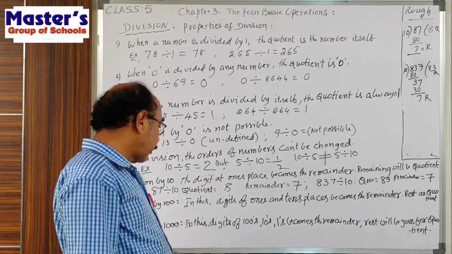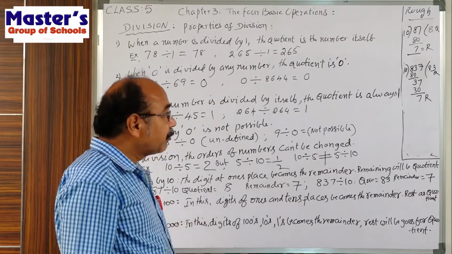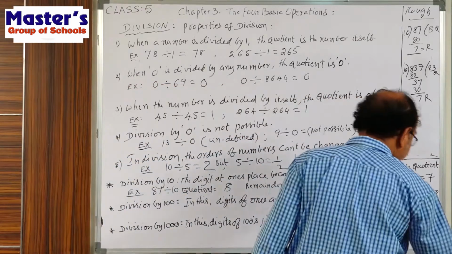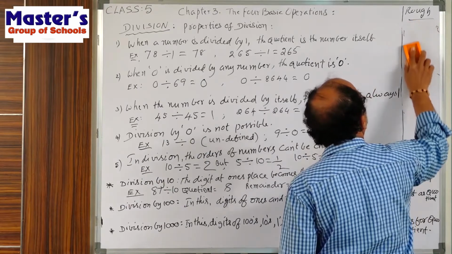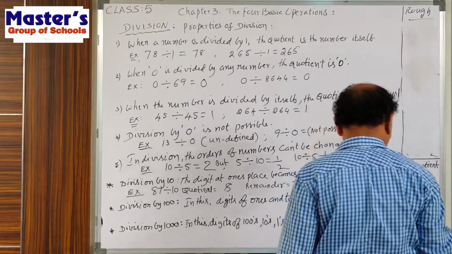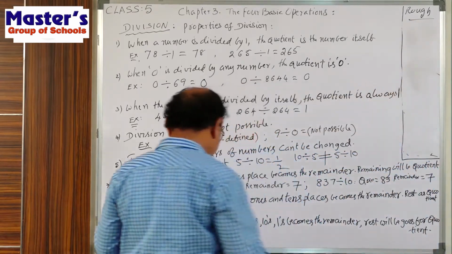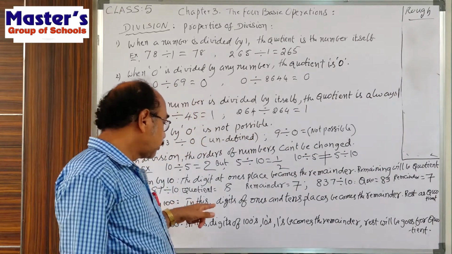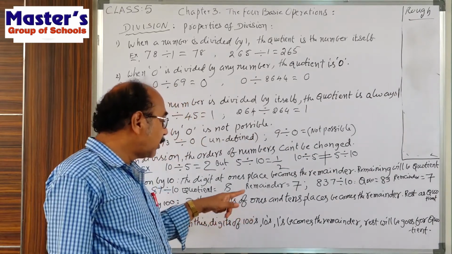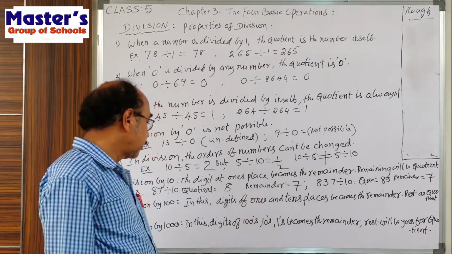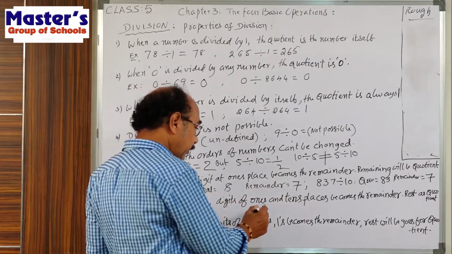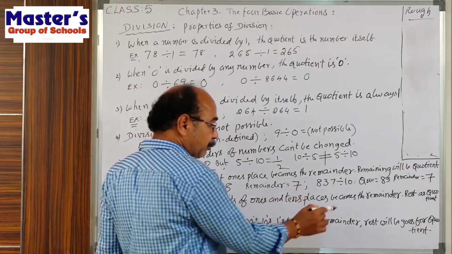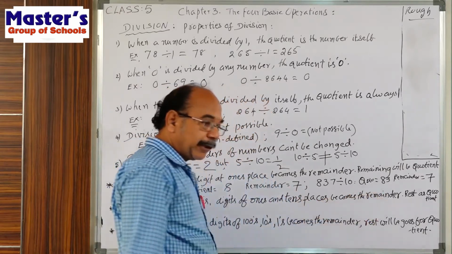Now division by 100. Come to this. Division by 100. In this, the digits of ones and tens places become the remainder.